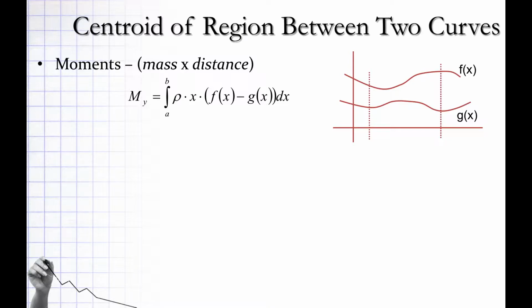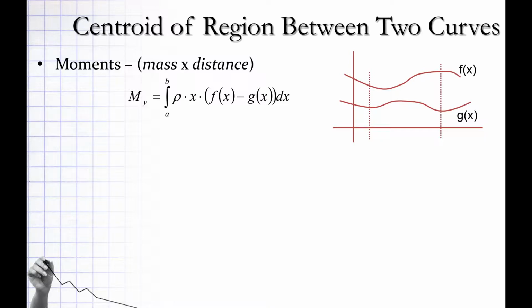Okay, so now let's talk about the moment about x. To be fair, I'm fine with you just memorizing this, but I want to explain where the formula is coming from. If we look at this picture, we now want the moment about x. I need to know this center of mass at any given rectangle, how far away is it from the x-axis?